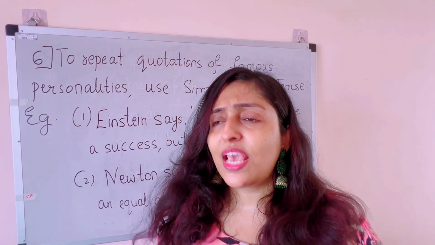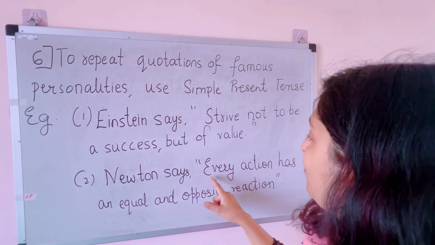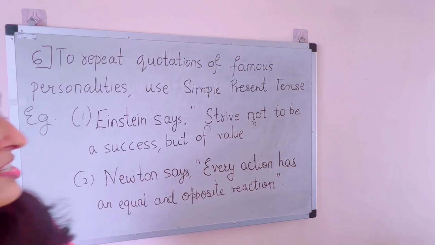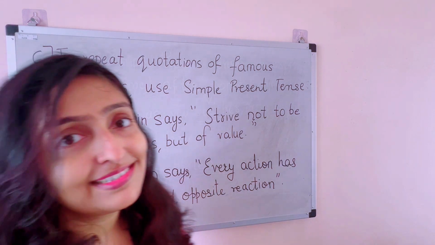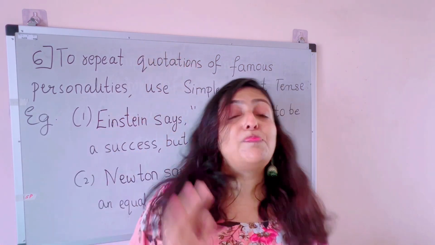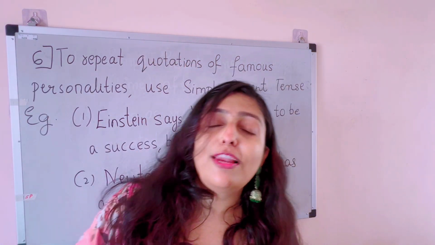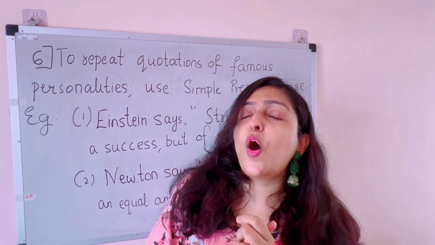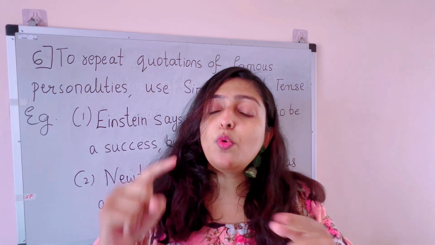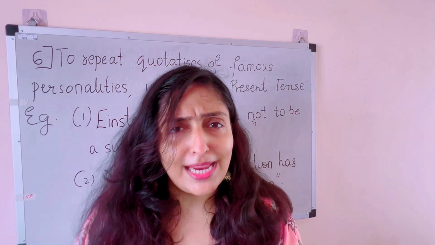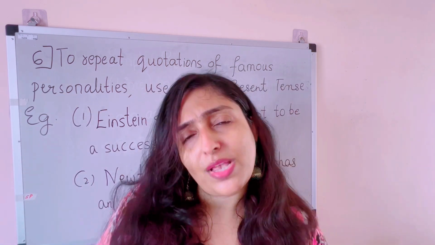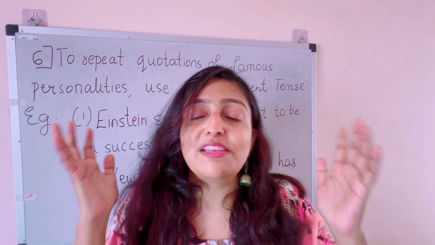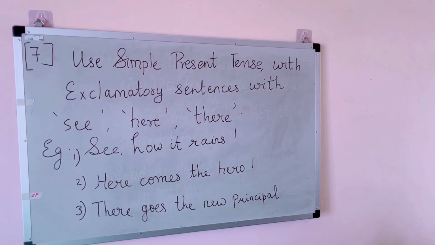Newton says every action has an equal and opposite reaction. Julie says perseverance is not falling 19 times but rising or succeeding on the 20th time. So while speaking with your friend, you can use simple present tense to quote celebrities and famous personalities.